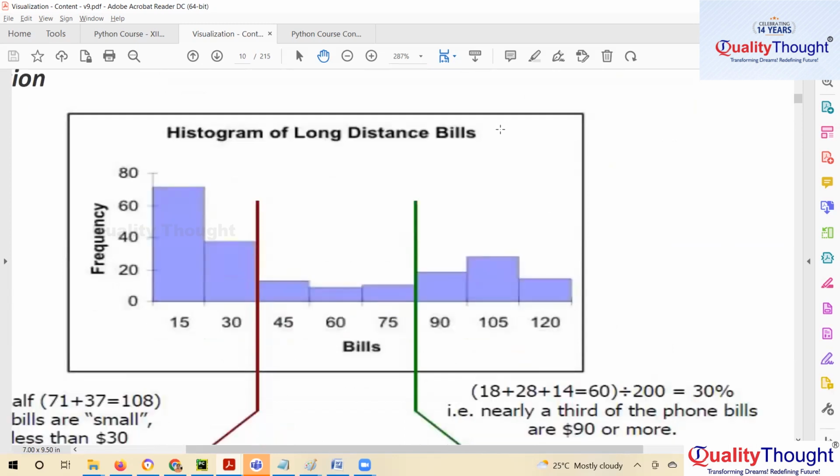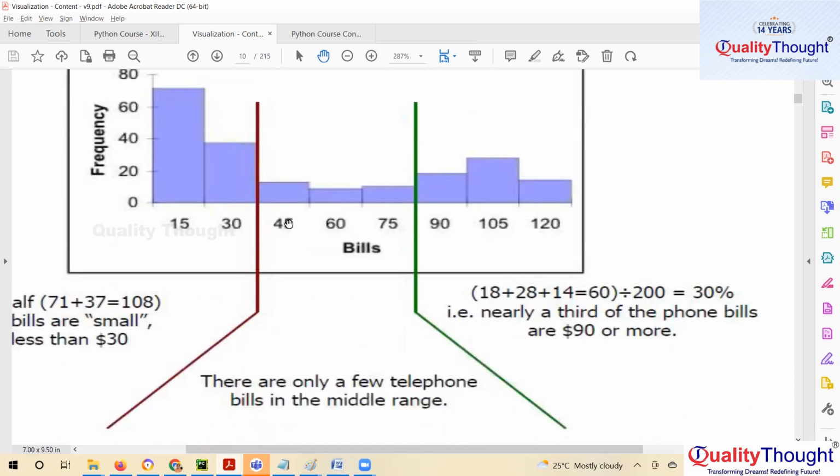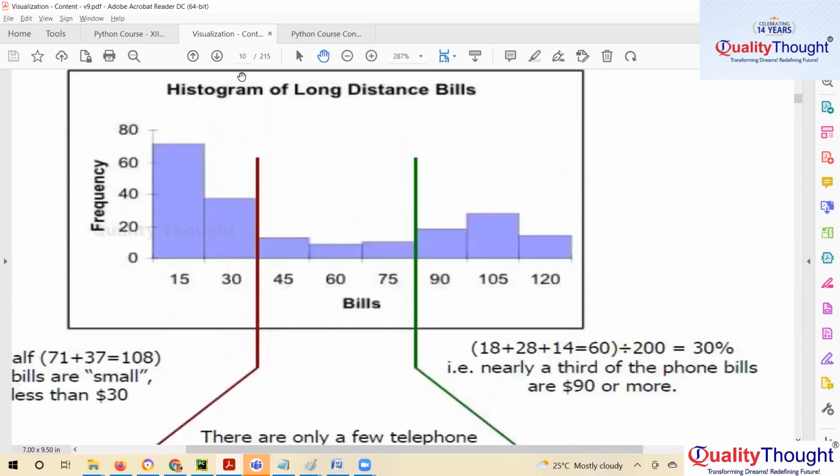The first group's usage is more, 90 to 120 dollars, that is about 30%. Second group, the usage is medium, which is very few, right? And then you have people who are using high, right? So the marketing manager has divided this data into 3 parts. Now what action will you take? What action can you take on this?